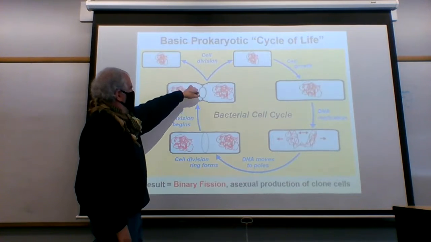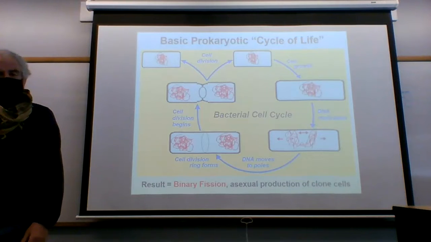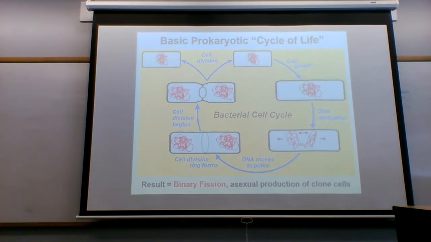The cell will pinch off, and you form two cells. So this is known as binary fission. One guy turns into two. And it is essentially what our cells are doing, our non-mitotic cells. But because it's a circular chromosome, single chromosome, it's a lot simpler. And it is way faster.